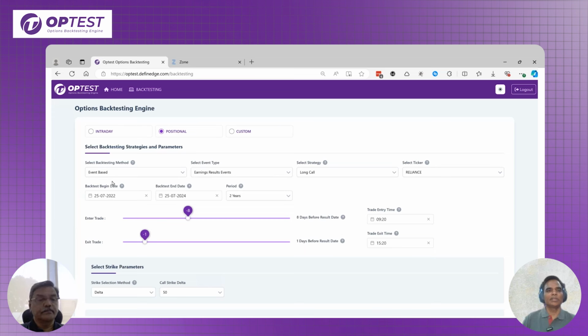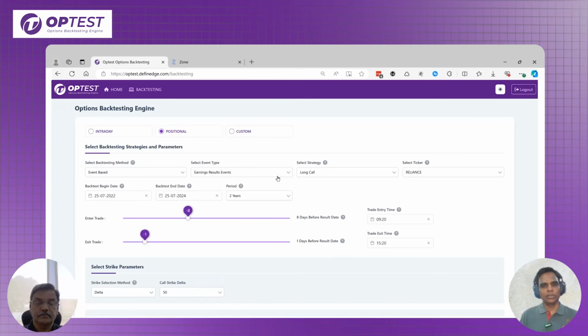Now another one is event-based earnings results, in this case post-earnings results. What happens here is that the IVs are very high just before the results are announced. So can we exploit that?